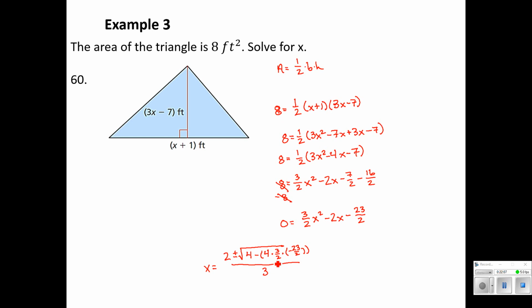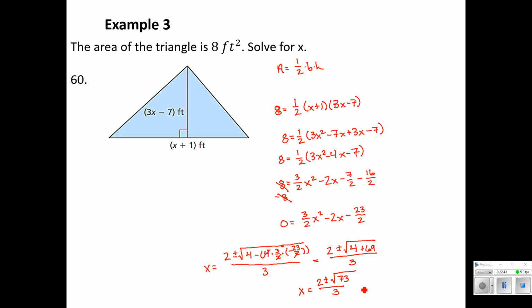Well, there's a little bit of fraction multiplication happening. 2 plus or minus the square root of 4, and then 4 times 3 divided by 2 times 23 divided by 2, that 4 is going to cancel out those divided by 2's. So I've got 4 minus a negative 69, so plus 69 all over 3. X equals 2 plus or minus the square root of 73 all over 3.